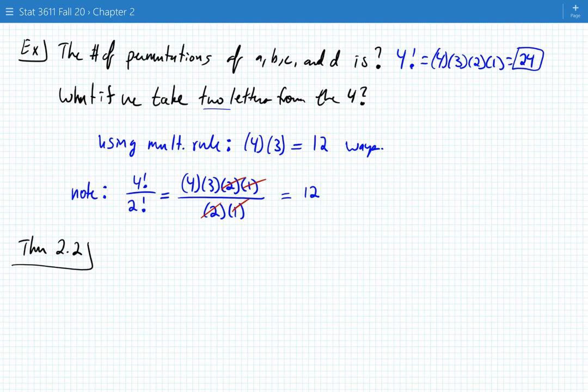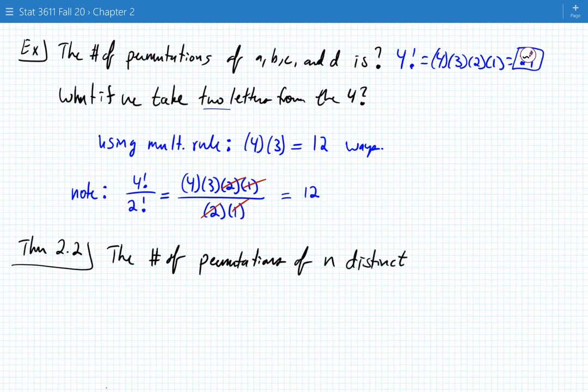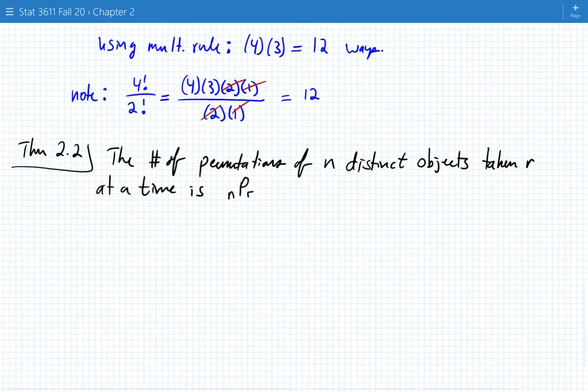If you take a look at the e-text there in Chapter 2, you can find Theorem 2.2 that says the number of permutations of n distinct objects, taken r at a time, is, we use the notation nPr, and that's not for National Public Radio, nPr, taken from the total set of n objects, you're choosing r of them, and that would be n factorial divided by n minus r factorial, right?